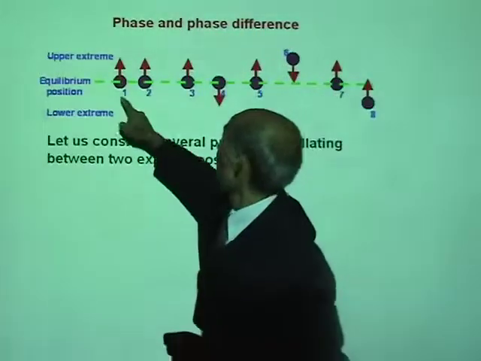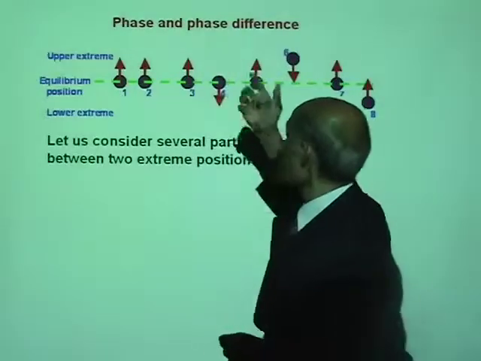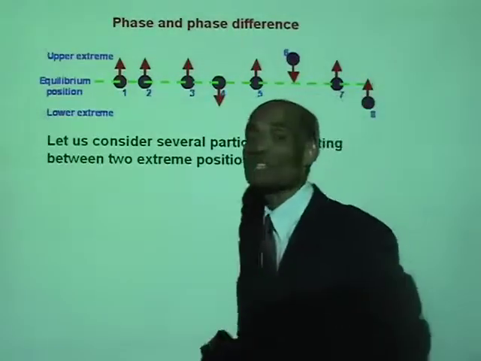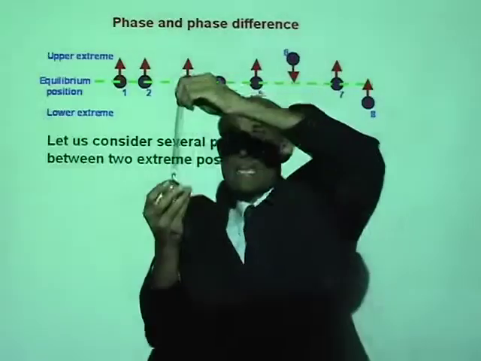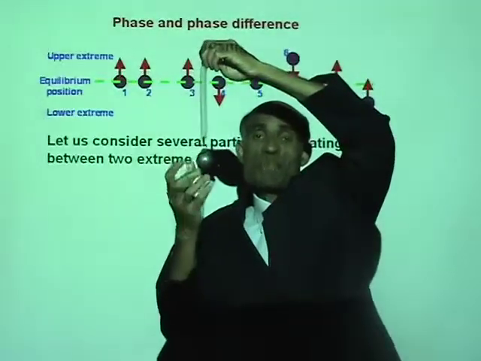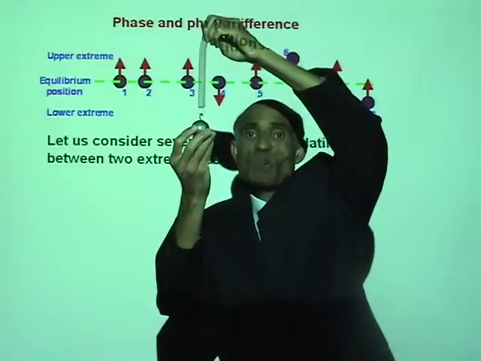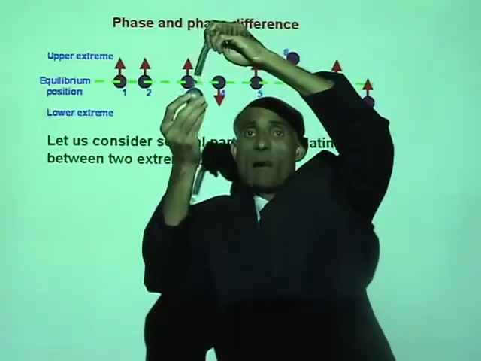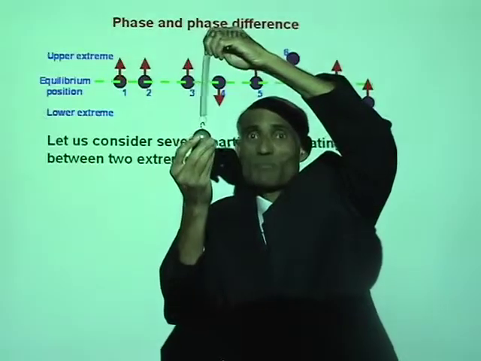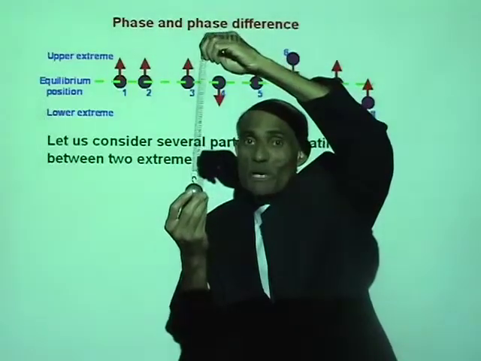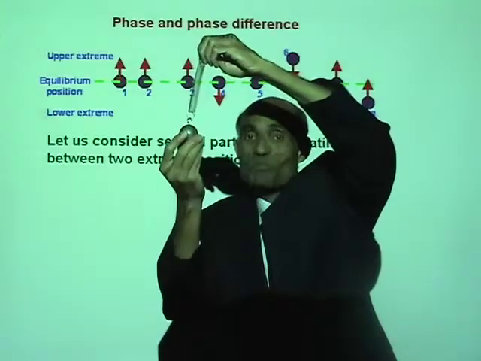So consider a set of a number of particles oscillating between two extreme positions. Now watch it again to understand those extreme positions. Normal position, upper extreme, back to the normal position, lower extreme, back to the normal position.